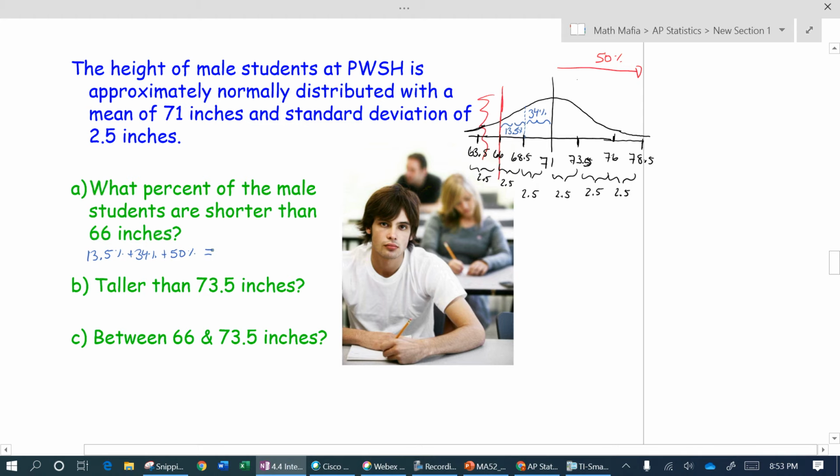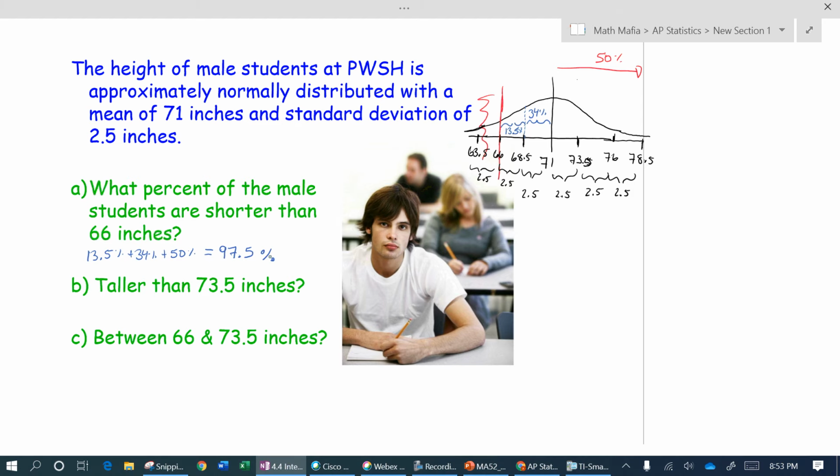There's lots of different ways that we can add or subtract. For example, we also could have taken 100 and subtracted just this portion, and that would have worked also. If we take 13.5 and add that to 34 and then add that to 50, we see that comes out to 97.5% of the male students. Oh, right, excuse me.